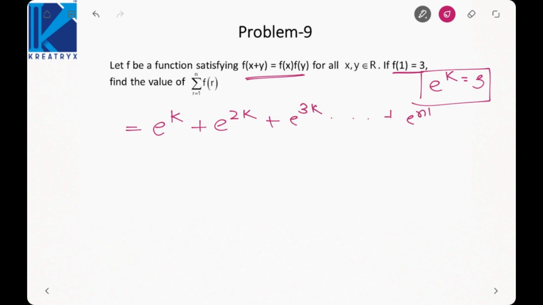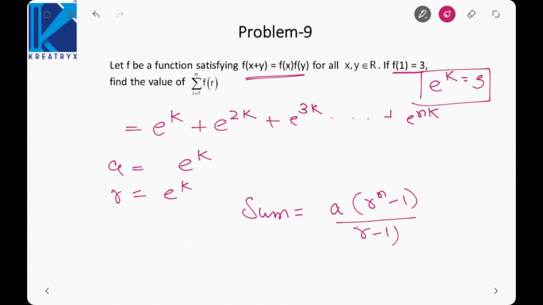e raised to the power nk. Now it becomes a geometric progression with the first term as e raised to the power k and the common ratio as e raised to the power k. So the sum will come out to be first term, that is a, common ratio raised to the power n minus 1 over r minus 1.